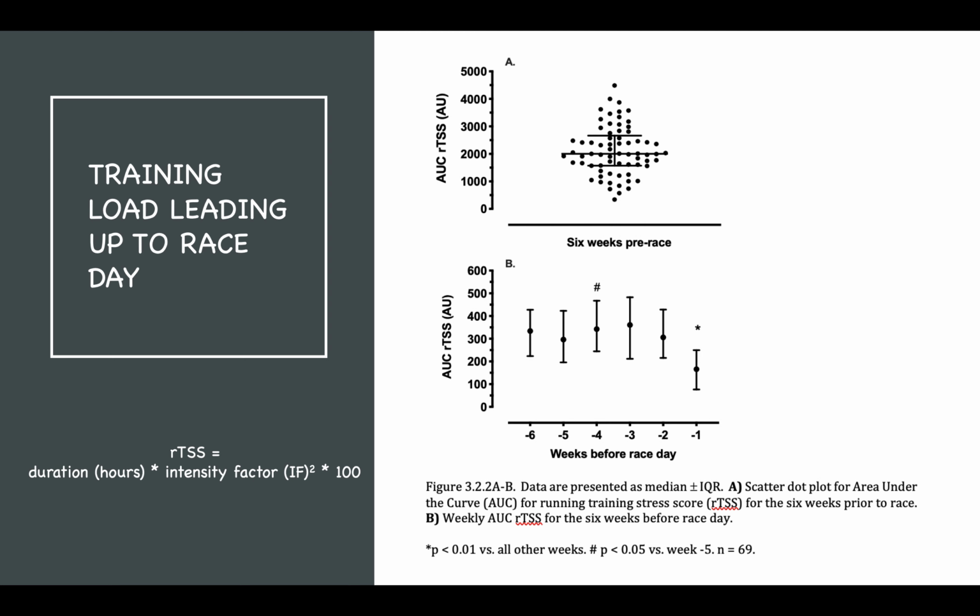So the 5th week to the 4th week before the race, there's a slight increase in load. And then the training load doesn't decrease until the 1 week before the race. So this would be presumably when the runners are completing their taper before race day.